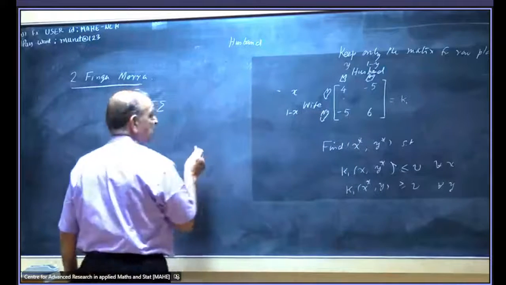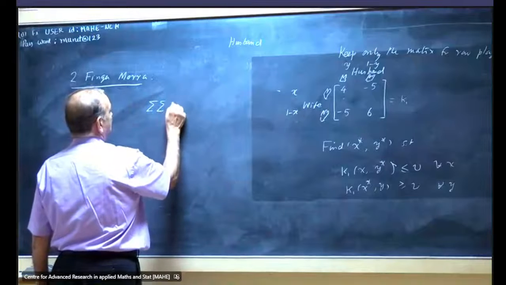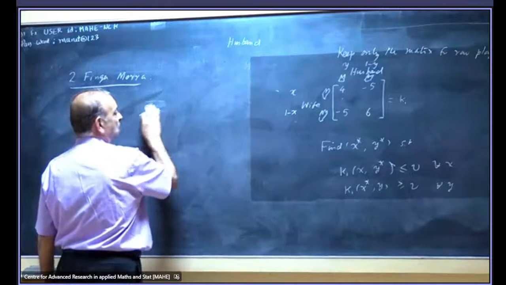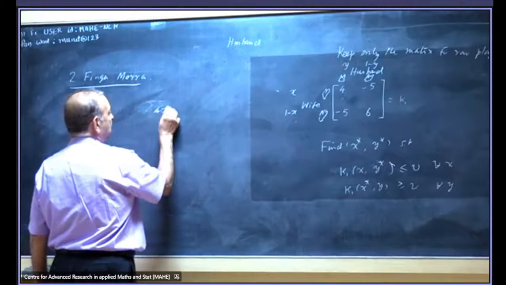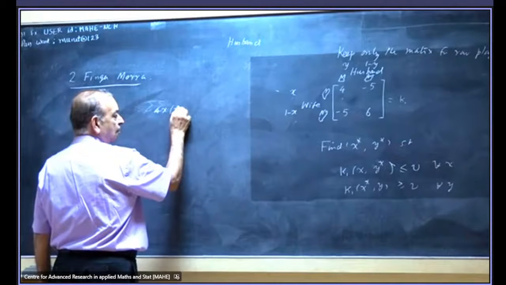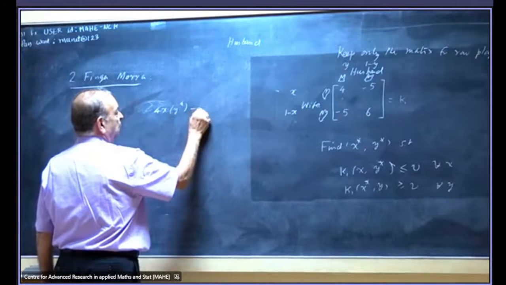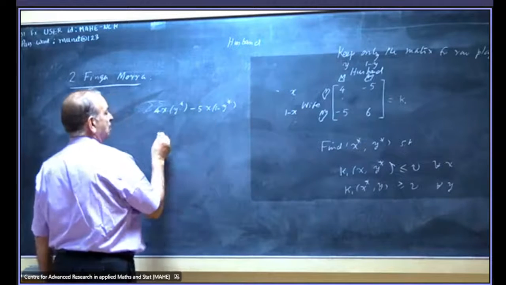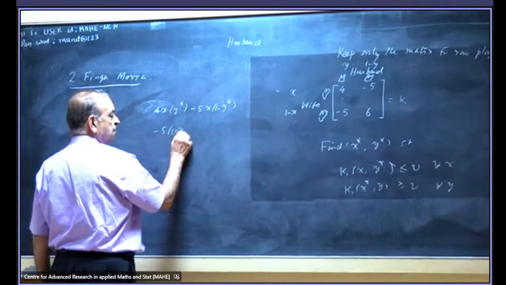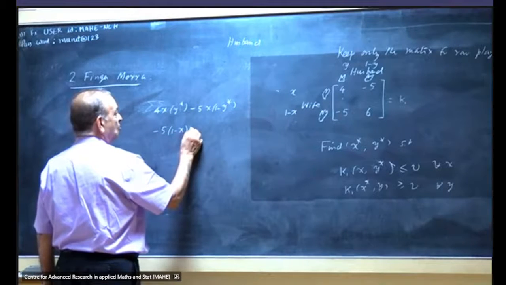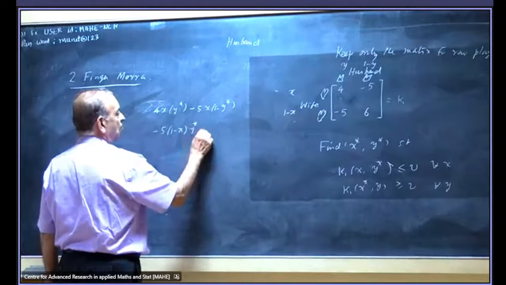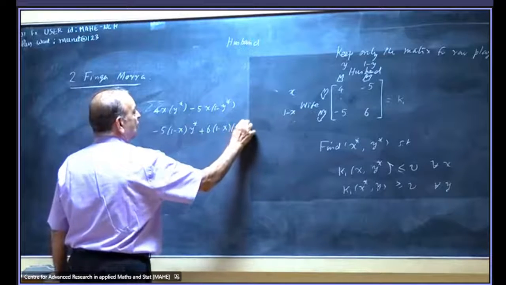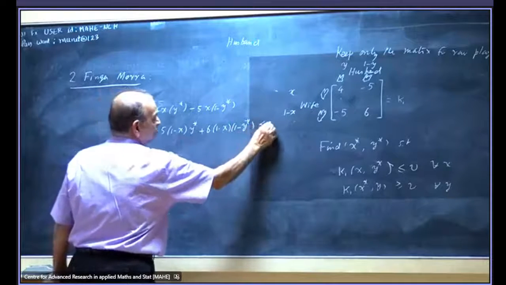So we can write 4x into y star, minus 5x into 1 minus y star, minus 5, 1 minus x into y star, plus 6, 1 minus x into 1 minus y star must be less than or equal to b.